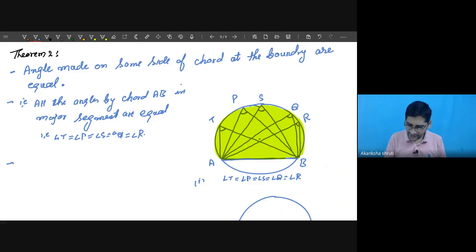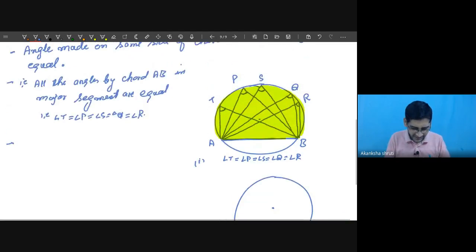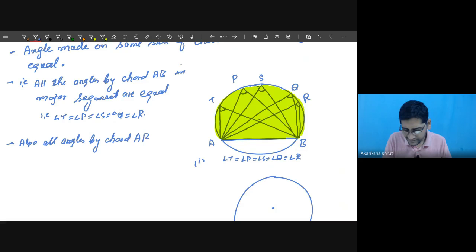Or we can also write this considering the minor segment. Also, all angles by chord AB in the minor segment are equal.